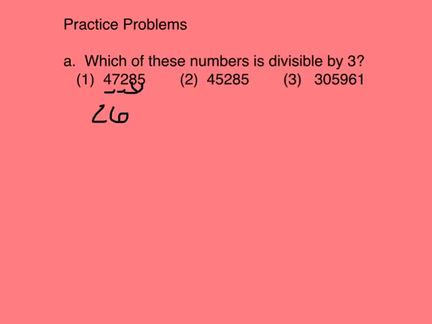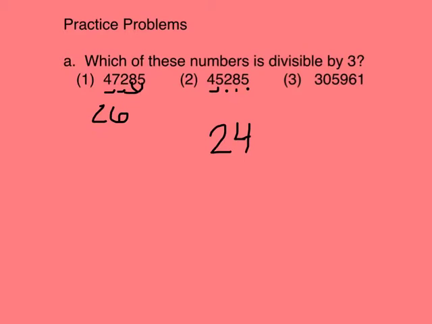Let's try this one. 4, 5, 2, 8, 5. Well, 4 and 5 is 9. 9 and 8 is 17, 17 and 5 is 22, and 22 and 2 is 24. 24 is divisible by 3, so this number is going to be divisible by 3.